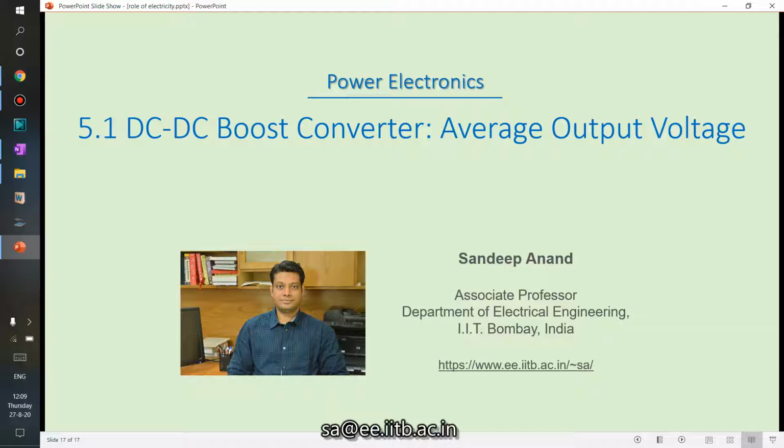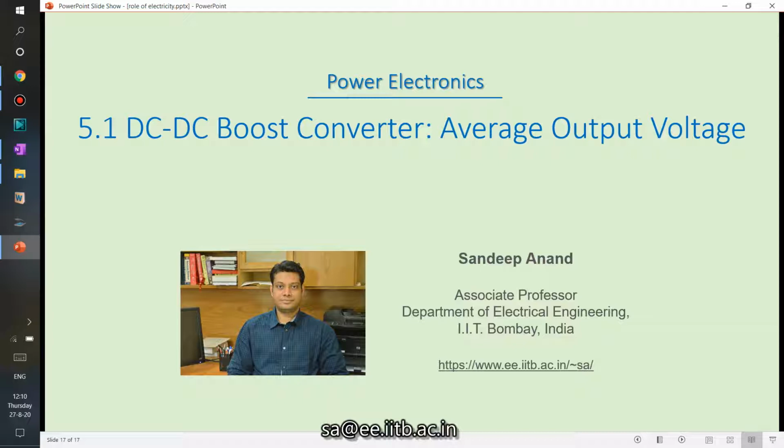But in certain applications, it is required to boost the DC voltage. One such application is solar photovoltaic. The solar photovoltaic panels generally produce low voltages, but they are supposed to be connected to the grid and feed power to the grid, or to homes or offices, which is at a higher AC voltage.